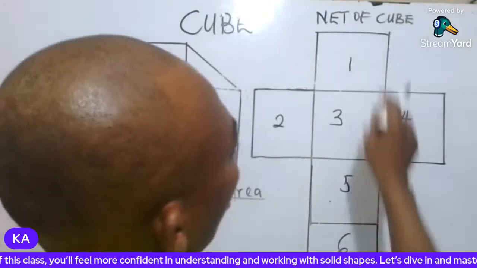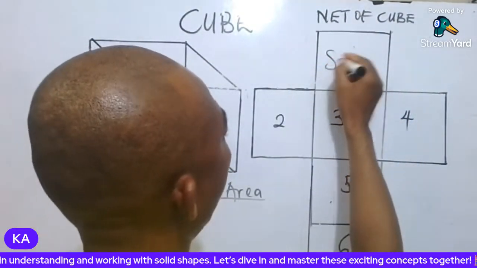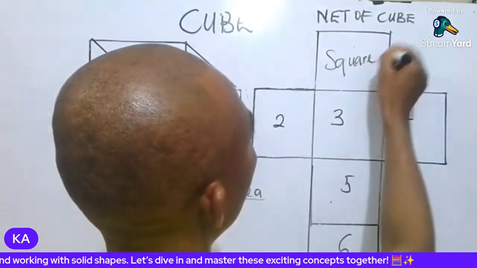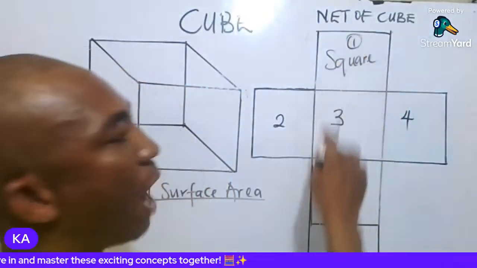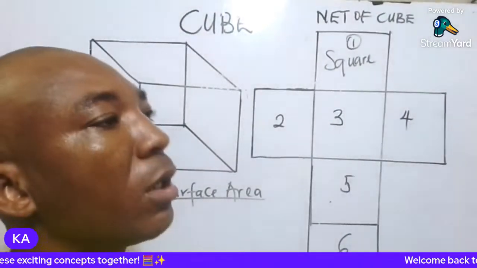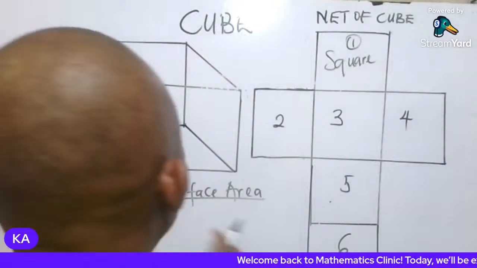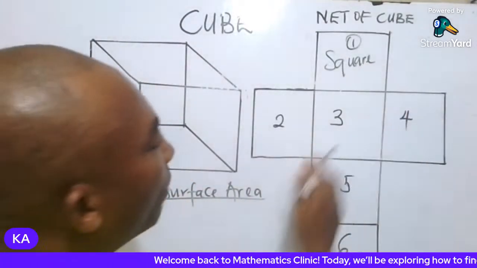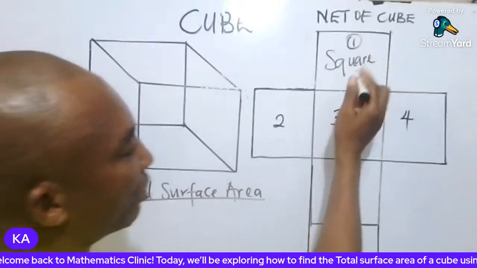If you look at each of these faces, each looks like a square. That means, how many squares are we going to have in a cube? Good. We are going to have 6 squares. So, in finding the total surface area of a cube, don't forget that the area of a square is what?